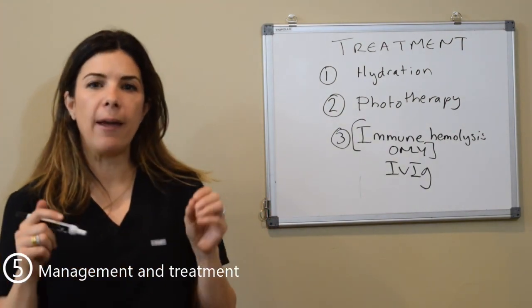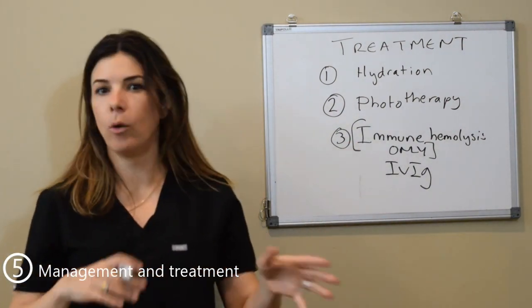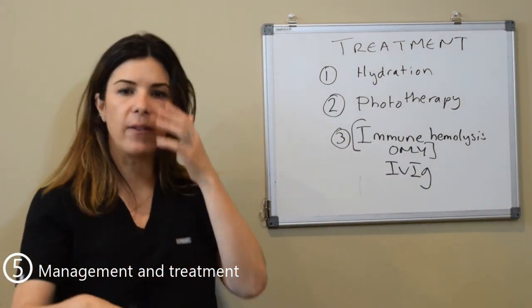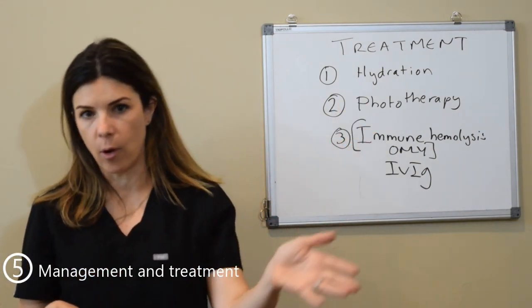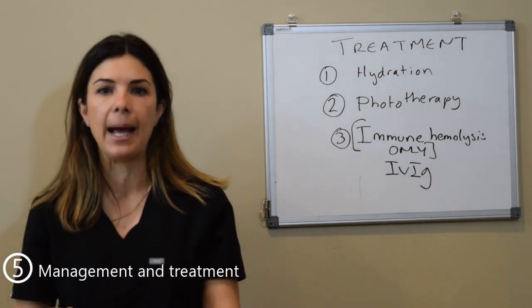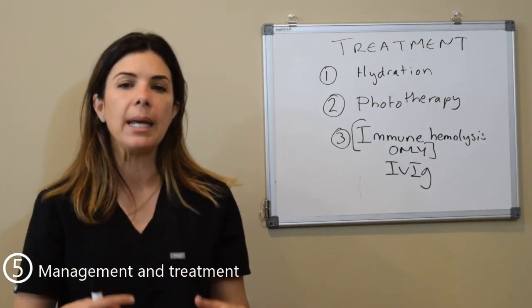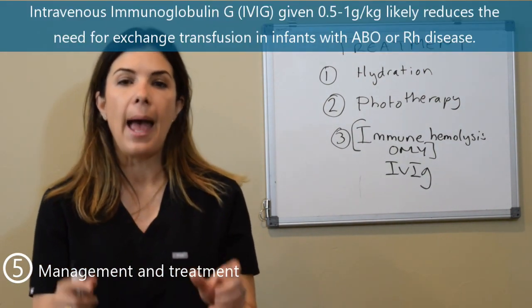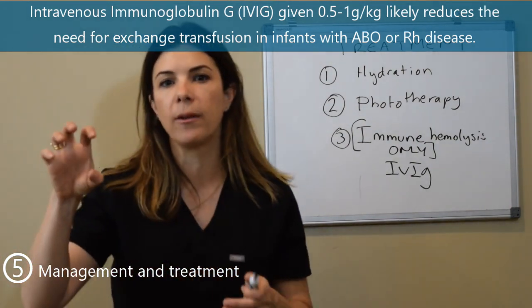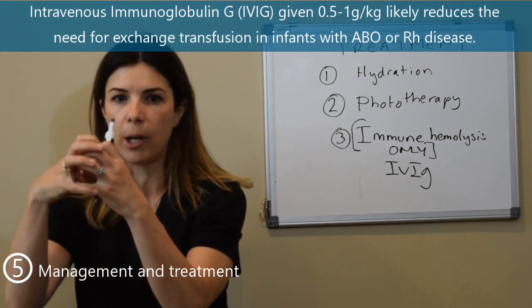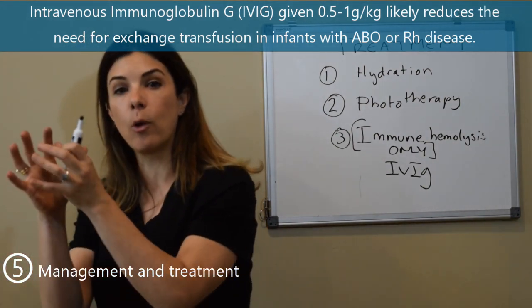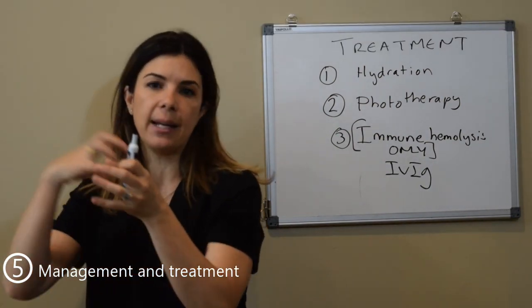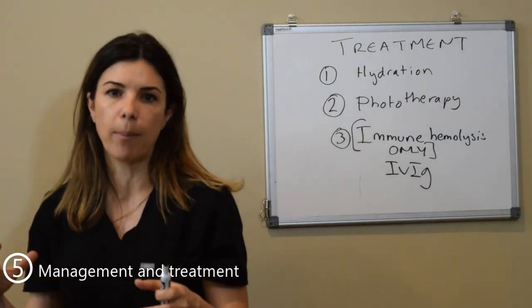So if the mommy is O, like we said, O or negative, and the baby is direct Coombs positive, and the mother's antibodies have gone through the placenta and are now breaking down the red blood cells, we can give the babies IVIG, and those globulins will grab onto those antibodies that the mother has given through the placenta, and so it will stop them from actually attaching to the red blood cells and destroying the red blood cells.